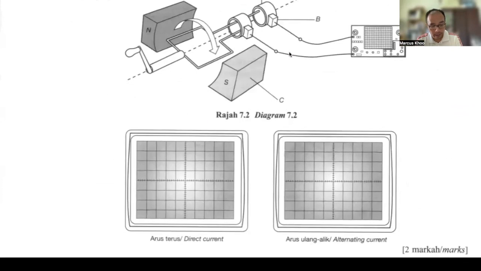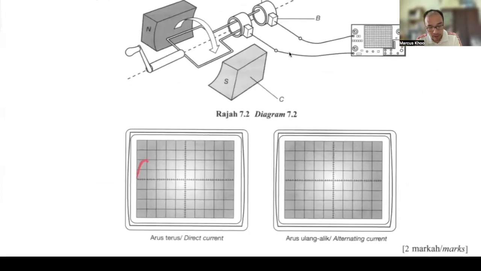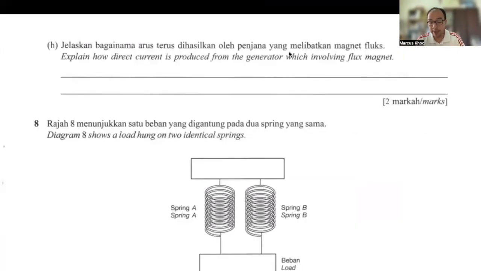Direct current, most important is that it must be in one direction, and alternating current will be changing direction. You can forgive the size lah, but the most important thing is direct current is always one direction. Alternating current is one way and then the other way, one way and then the other way.